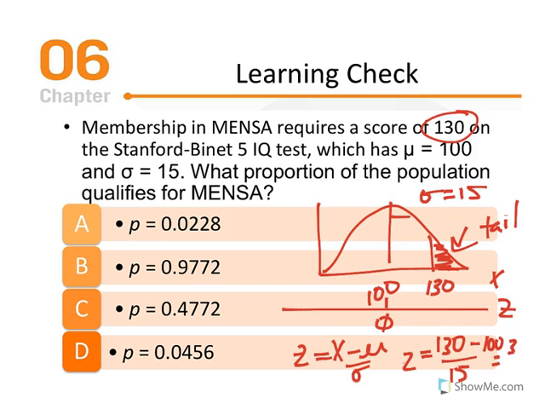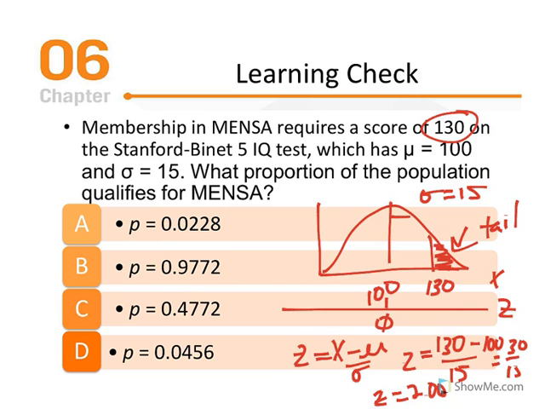So we have 30 divided by 15, and we get a z-score equal to 2, which should convey an image of something very rare and unusual and having low probability.